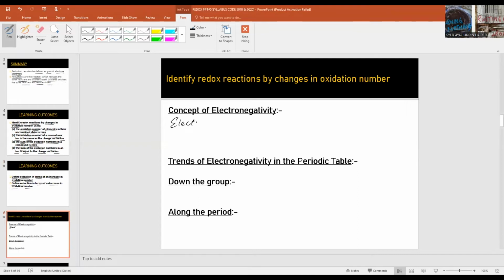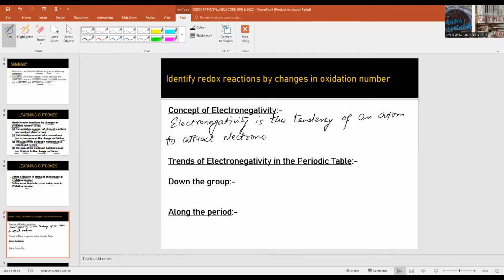Electronegativity is the tendency of an atom to attract electrons. Now, this tendency or power is owned by each element in the periodic table. You can include metals also in this. They all have some power or tendency to attract electrons.